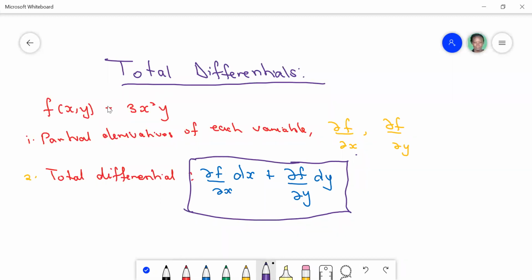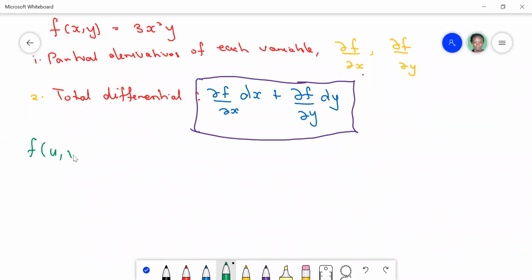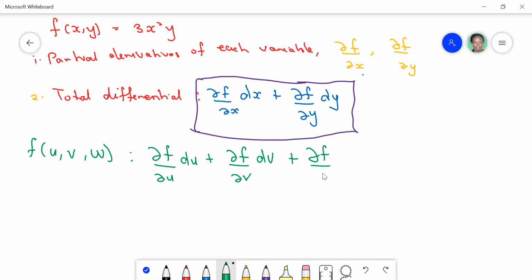So if I have a function, let's say f of u, v, and w, it means that my total differential, let's say df, is going to be the partial derivative of f with respect to u times du, plus the partial derivative of f with respect to v times dv, plus the partial derivative of f with respect to w times dw.